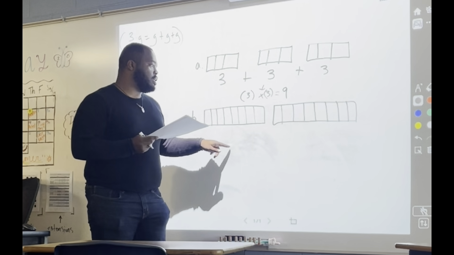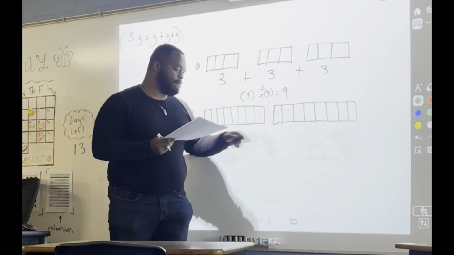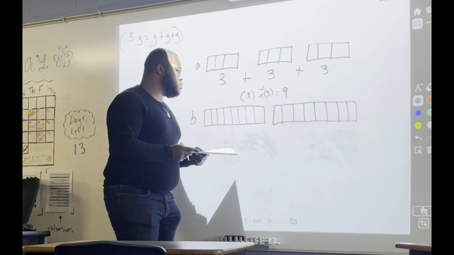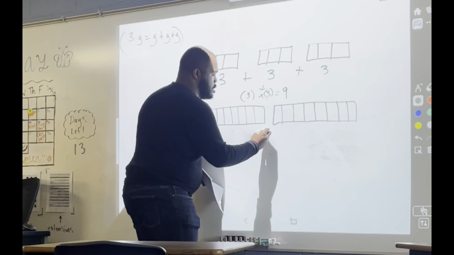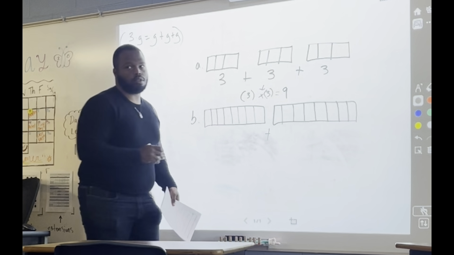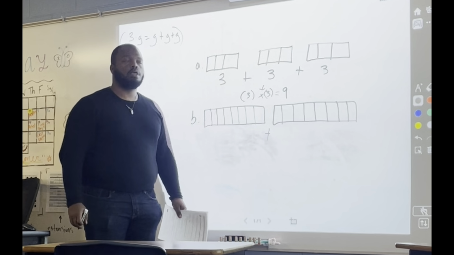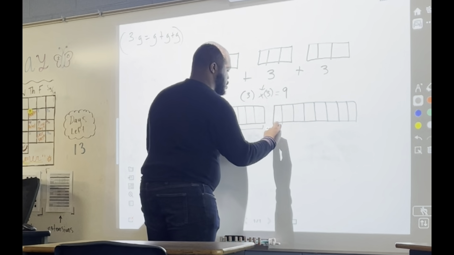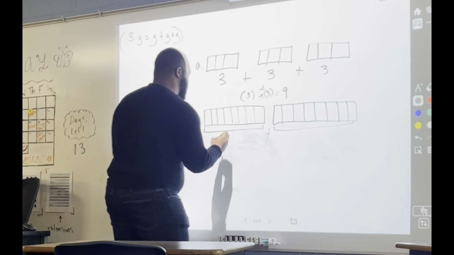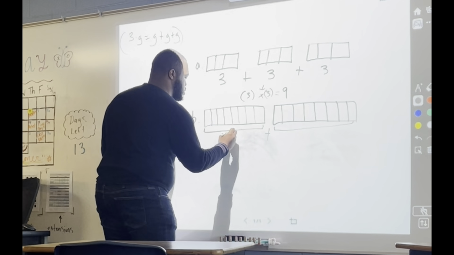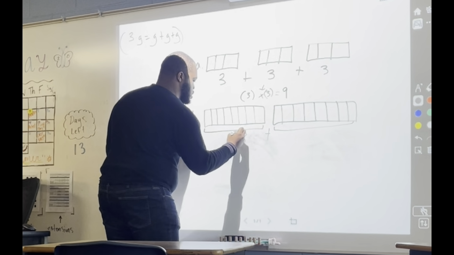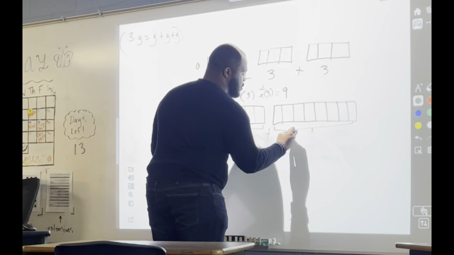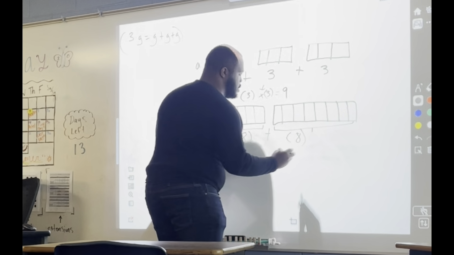Now, what would be our addition equation? Harrison? 8 plus 8. That is correct because why? Because each has 8 squares in the box. So we have 8 squares here, and then how many squares here? 8. So that gives us 8 plus 8.